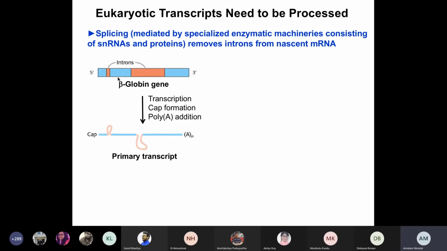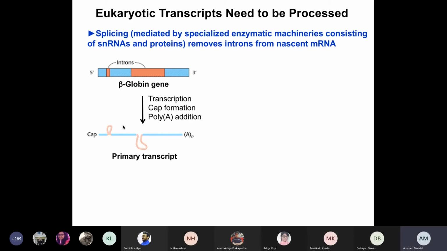That's why, before the mRNA could be utilized for the translation process, these extra regions need to be removed. The regions which contain the coding information, here the blue regions, are known as exons, whereas the red regions which don't contain the coding information are known as introns.